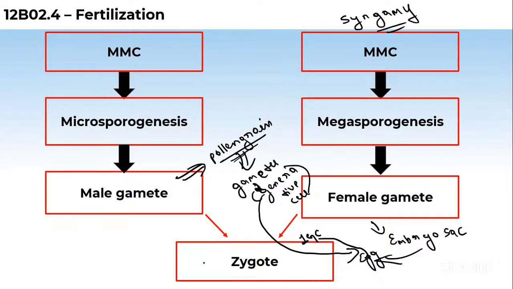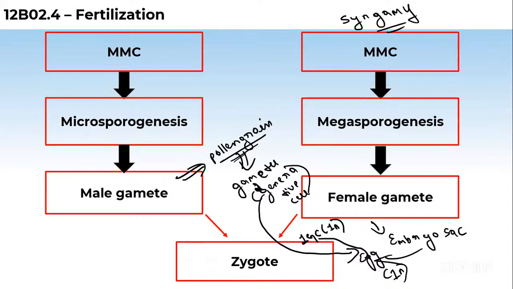Can you tell me whether the gametes are haploid or diploid, guys? The generative cell is haploid and the egg cell is also haploid. In the embryo sac, we have seen antipodal cells, synergid cells, egg cell, and central cell. All are haploid only. Remember, all are haploid only.